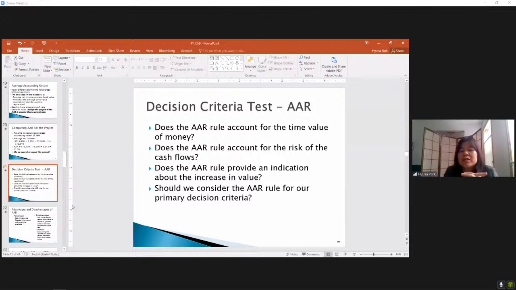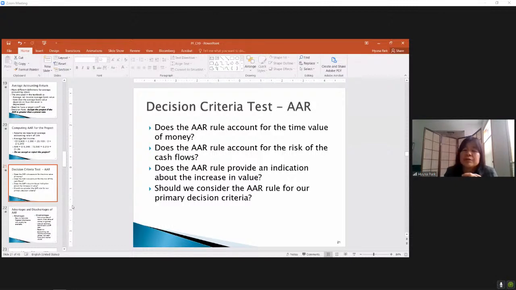Does the average accounting rule account for the time value of money? The answer is no. We treated year 1, 2, 3 net income in the same way. We didn't discount or anything. So it ignores the time value of money. Does it account for the risk of the cash flows? No, we didn't consider any information related to the riskiness of the project.